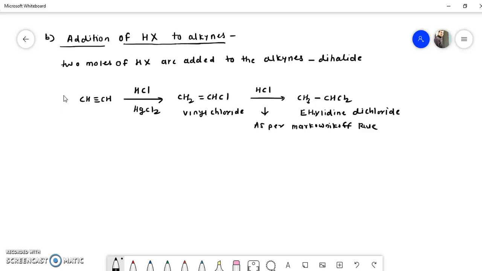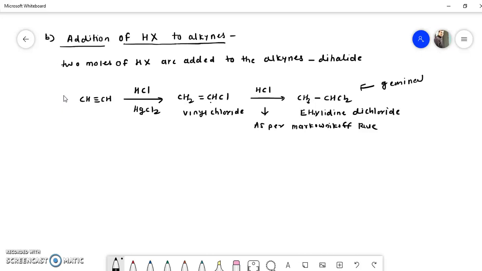So this carbon is having less number of hydrogen. That's why the second mole of chlorine also adds to this carbon to form ethylene dichloride. Both the halogen atoms are attached to the same carbon atom in a geminal dihalide. So this is known as geminal dihalide.